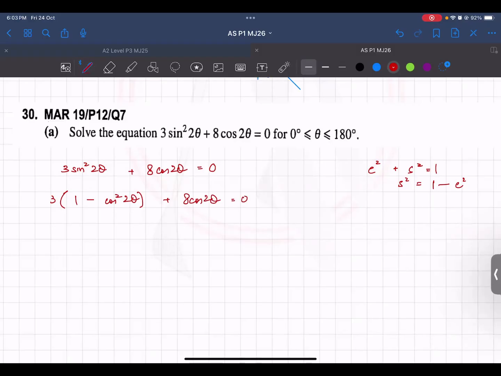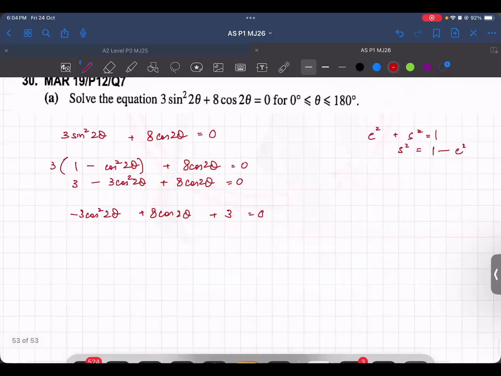I replace the sine because now I will have a complete disguised quadratic in terms of cos. So now you will expand this: 3 minus 3 cos square 2 theta plus 8 cos 2 theta equals 0. So minus 3 cos square 2 theta plus 8 cos 2 theta plus 3.